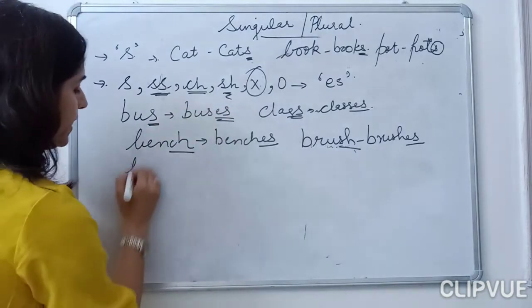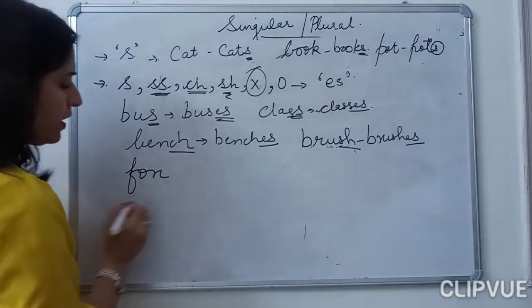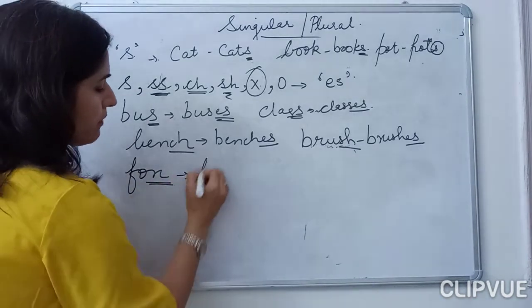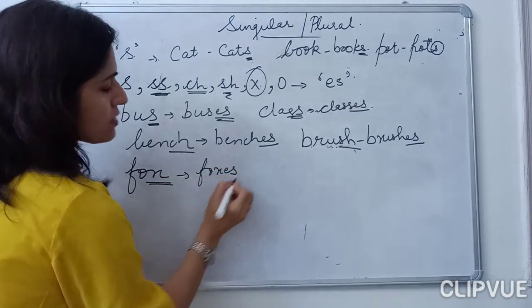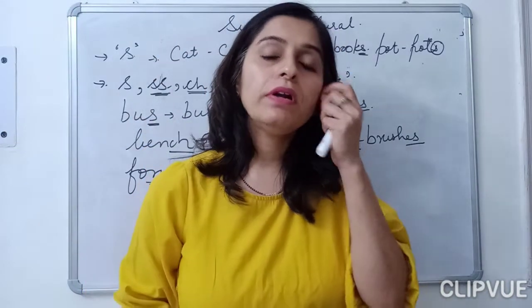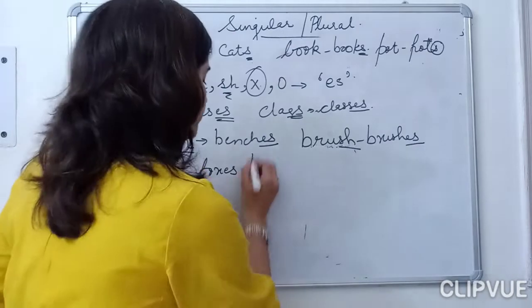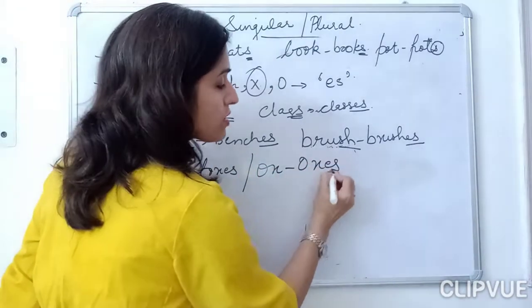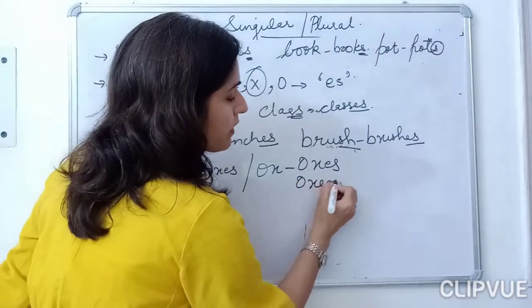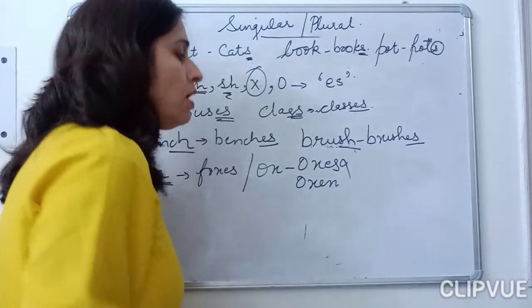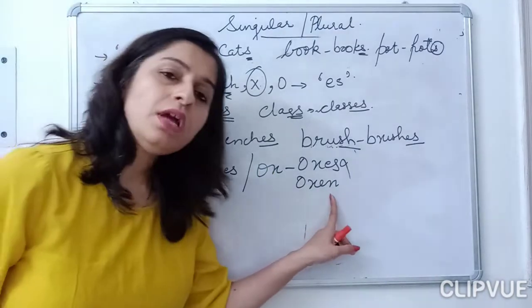Now let's take letter X and letter O at the end. Suppose I take fox. Now here, children, what will be the plural of fox? That will be foxes. Now you will ask me, ma'am, there is another word, ox also. But we don't write it as oxes, we write it as oxen. So this is an exception, children.